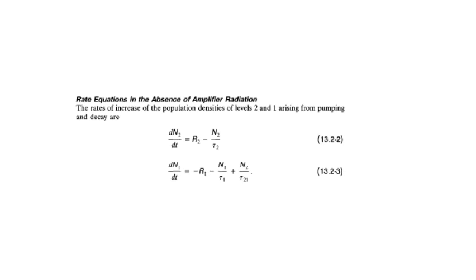The rate equation, the rate of increase of population density, can be given as follows: dn2 over dt is equal to R2 minus n2 over tau 2. Similarly, for the first population, dn1 over dt is equal to R1 minus n1 over tau 1 plus n2 over tau 21. These are called rate equations.